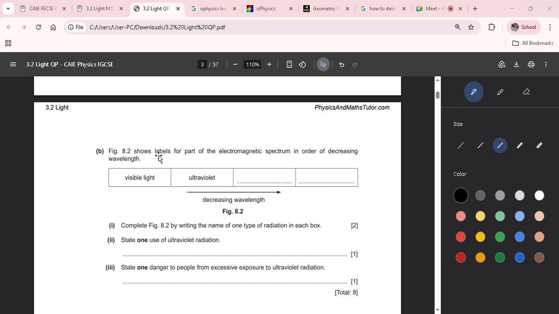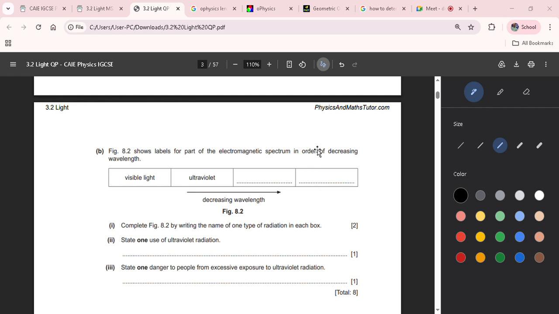Starting from radio waves, which have the largest wavelength, the smallest frequency. Sorry, this one is the wavelength. And then going to the microwaves, and then infrared radiation, which is remote control, visible light, which is red, orange, yellow, green, blue, indigo, violet, and ultraviolet.